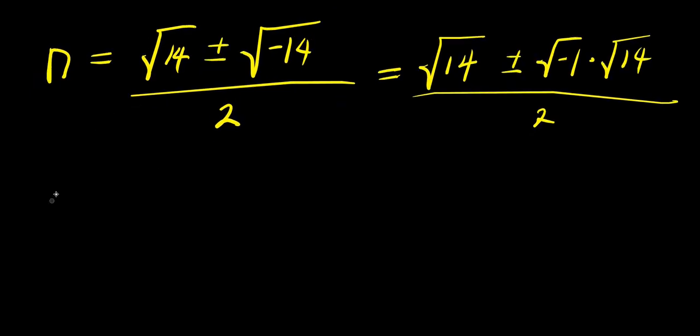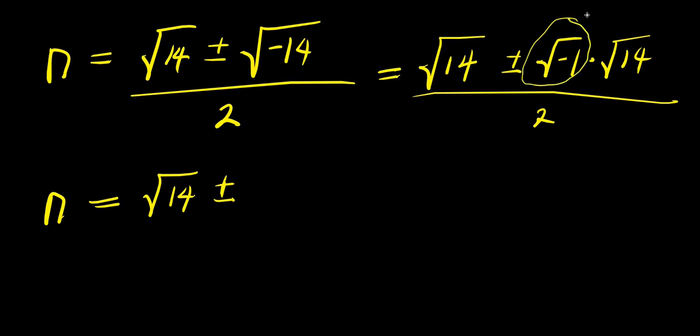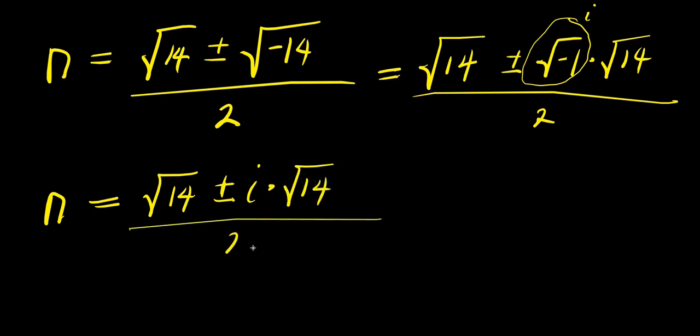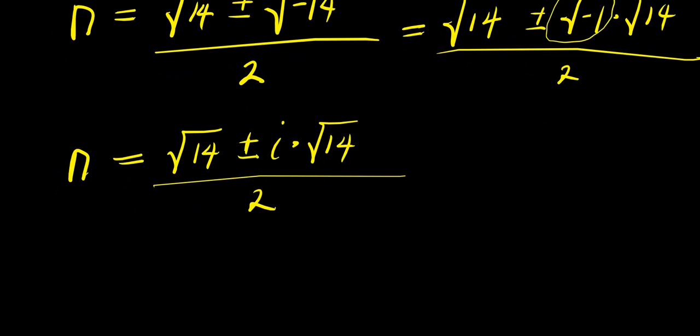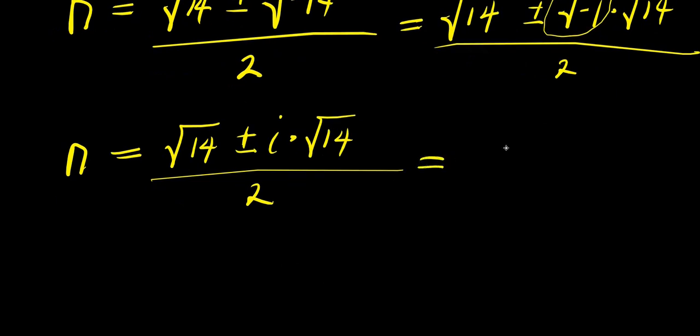So we have n equals root 14 plus or minus, this is i times root 14, divided by 2. And this equals root 14 divided by 2 times, this will be 1 plus or minus i.